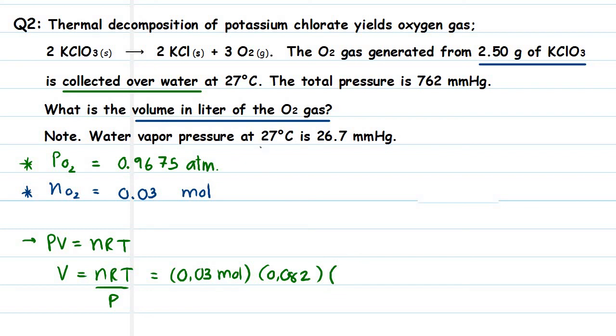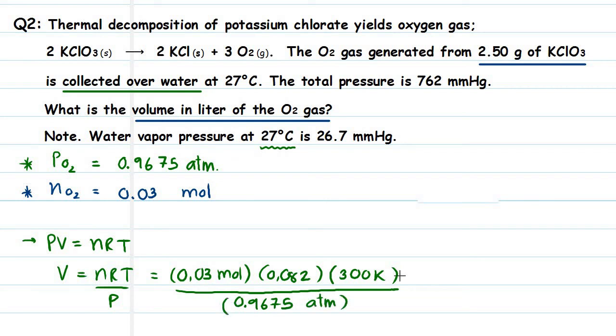T is 27 Celsius, which is 300 Kelvin. And P is 0.9675 atm that we calculated earlier, and that should give us 0.76 liter, and that is the answer. So the volume of oxygen gas is 0.76 liter.